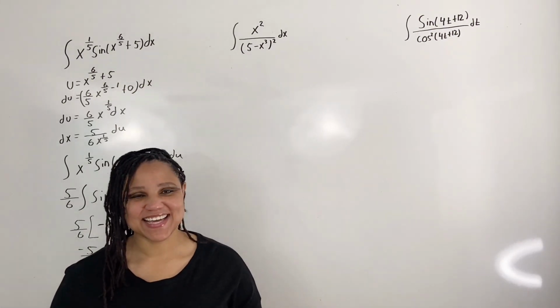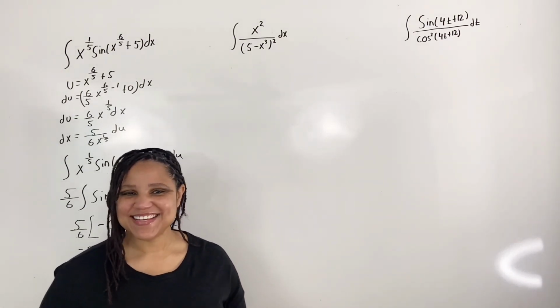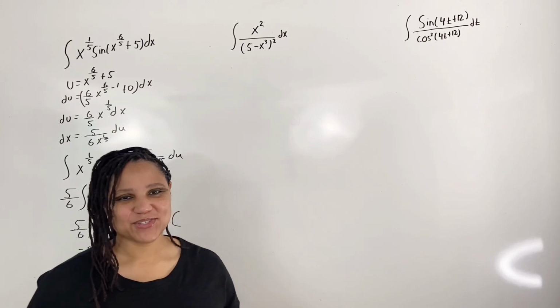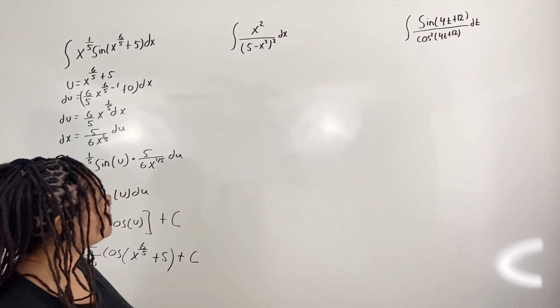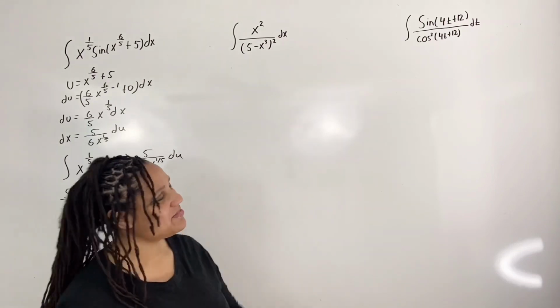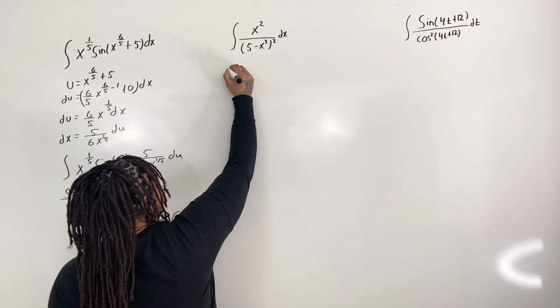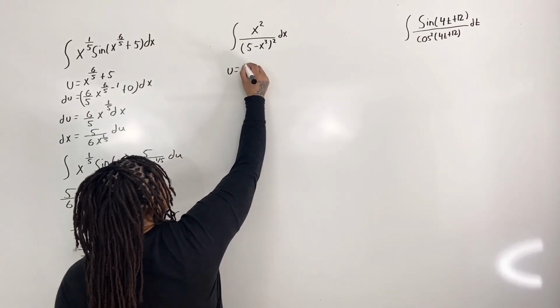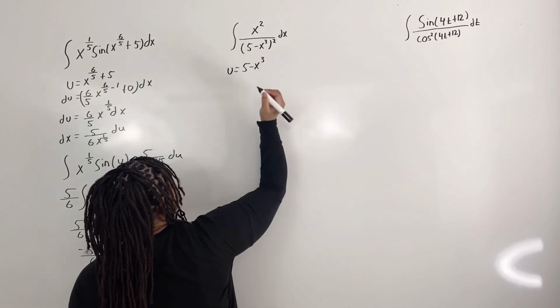For the next example, we have the integral of x squared over 5 minus x cubed all squared dx. And we are going to evaluate this integral using the substitution method. So the value that I will choose for u is 5 minus x cubed. So we're going to let u equal 5 minus x cubed.